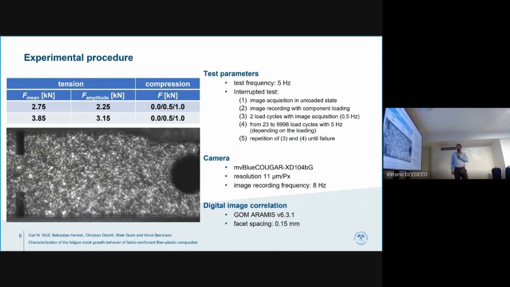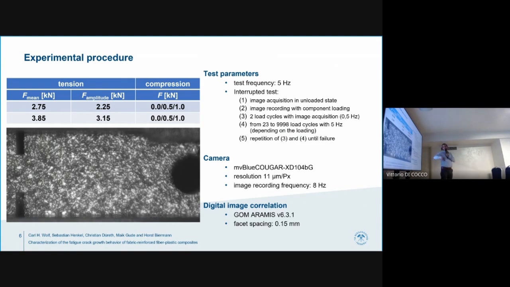Our experimental procedure was nearly the same. We investigated 2 different tension forces, and we investigated uniaxial loading and compressive loading in the biaxial case with 0.5 and 1.0 kilonewton. The important thing in the test procedure is that we performed 2 load cycles with 0.5 hertz, and we recorded the image sequence meanwhile.